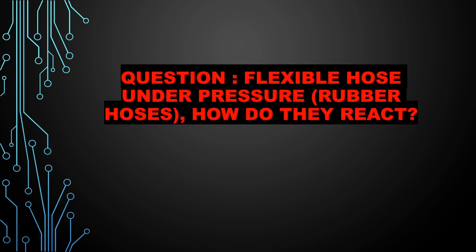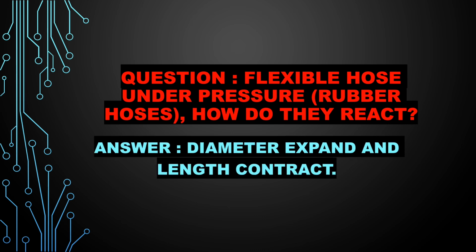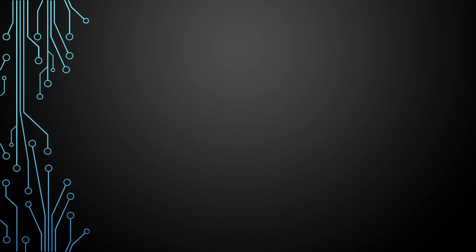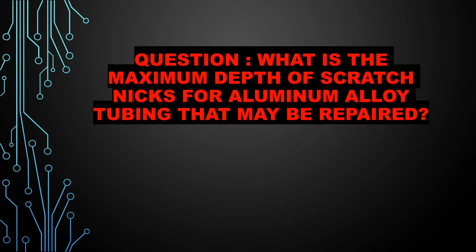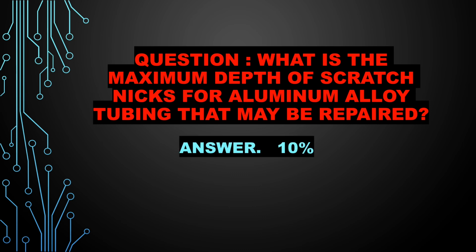Question. Flexible hose under pressure, rubber hoses, how do they react? Answer. Diameter expands and length contracts. Question. What is the maximum depth of scratch nicks for aluminum alloy tubing that may be repaired?